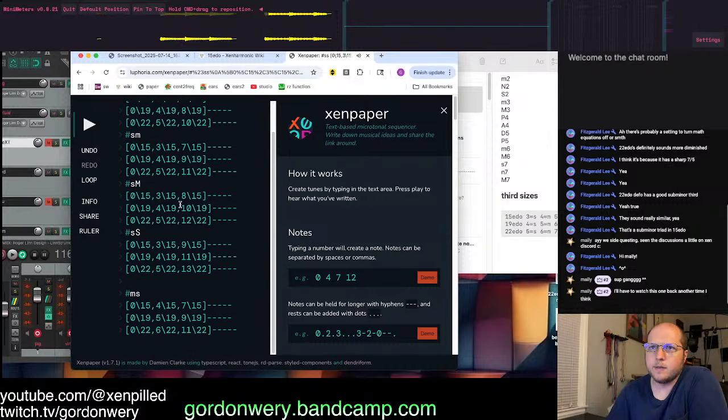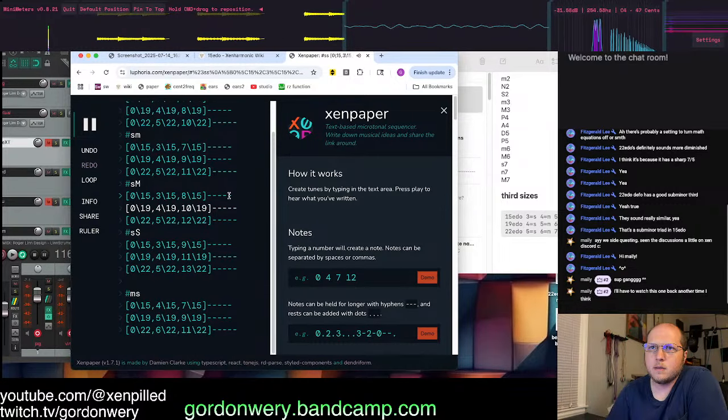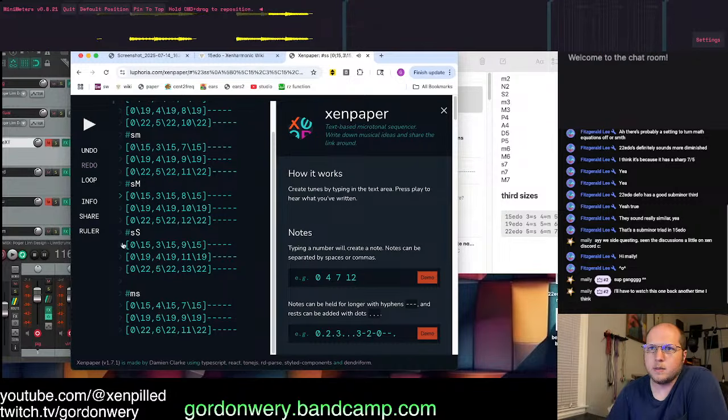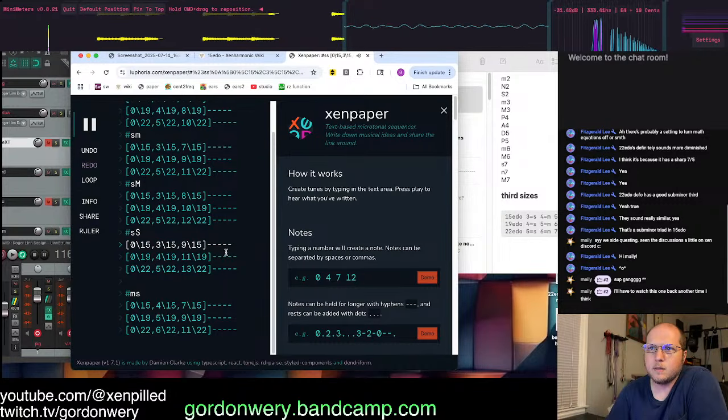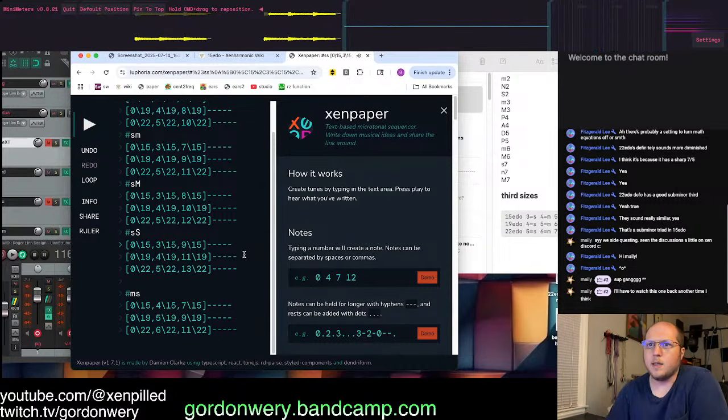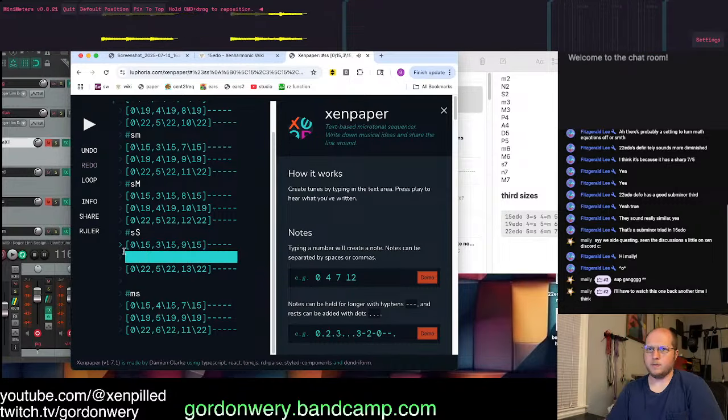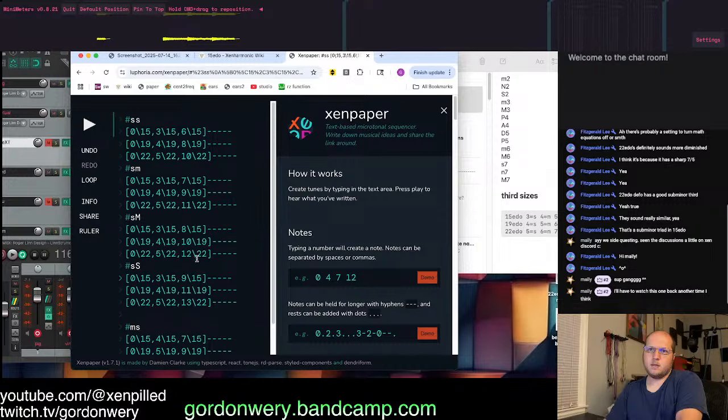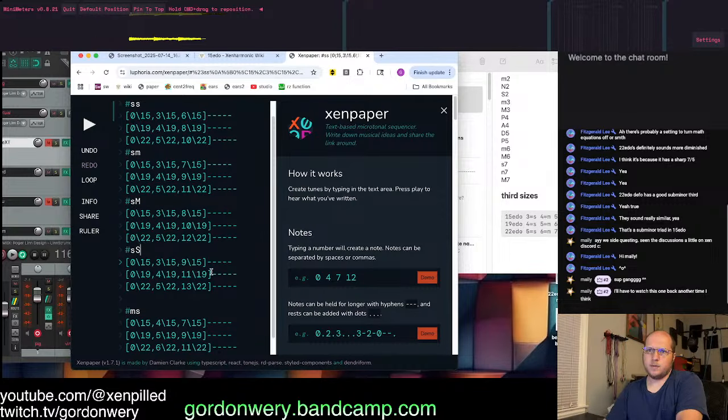These all sound different. These sound pretty similar too, yeah. And then here, the 22 and the 15 sound more alike. So on this one, 22 and 15 sound more alike.